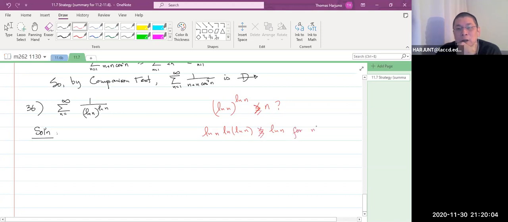For n, let's say greater than or equal to 3, or e to the 3, maybe 27. But even if this is true, the reciprocal doesn't help. You see that we bound it above by something divergent, it doesn't help.